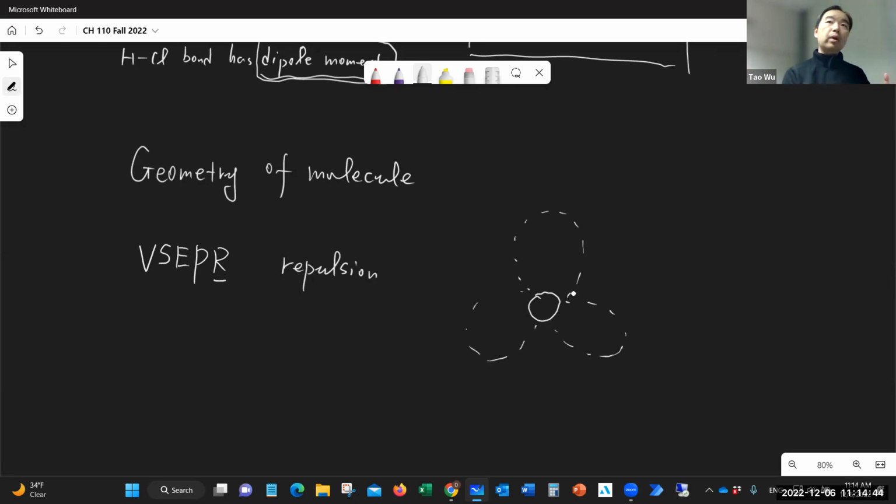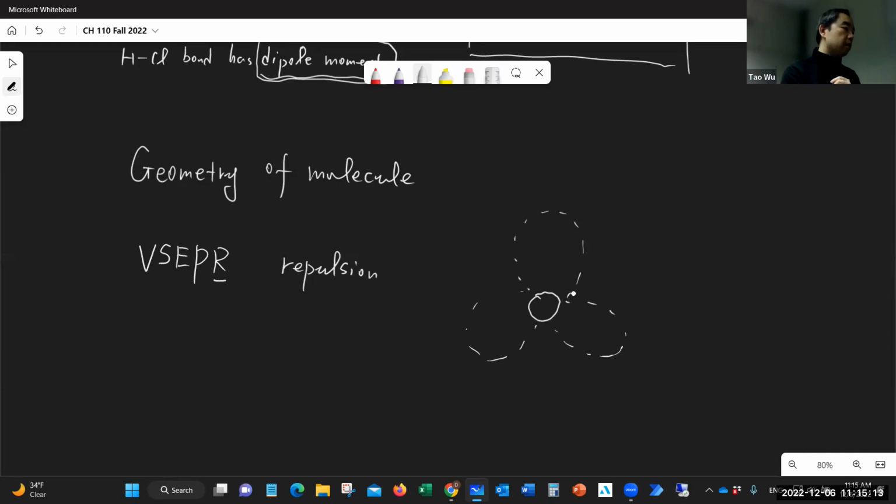The different number of electron clouds will give it a certain shape, because the clouds repel each other. So they have to form a certain way to reach the lowest energy and make this form stable. As long as we determine the number of electron clouds, we can generally figure out the shape of the molecule.